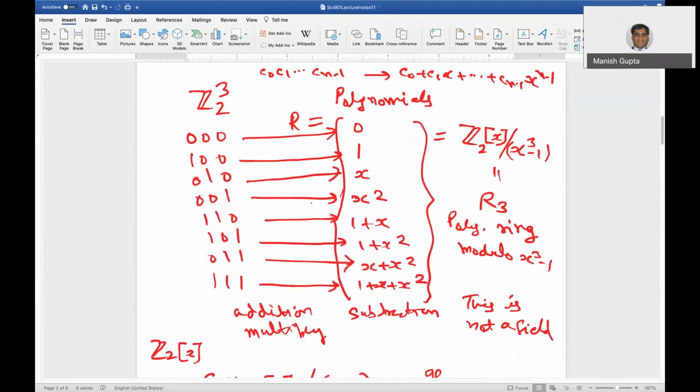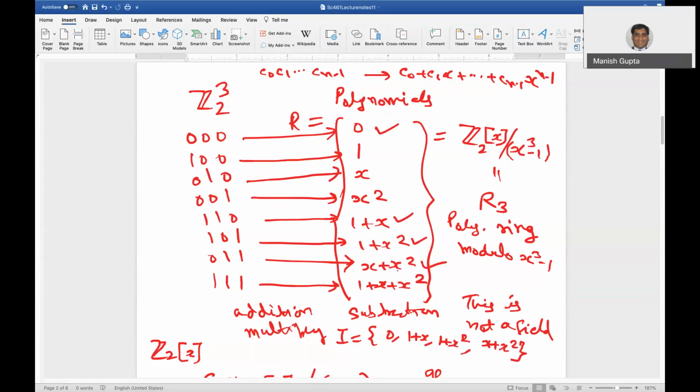It turns out that if I take I equal to 0, 1 plus x, 1 plus x square, and x plus x square, these elements form an ideal.